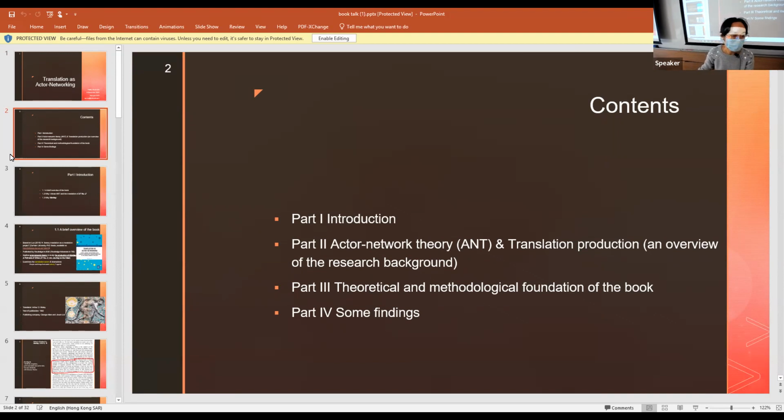In part 2, I will introduce to you actor network theory and its application to translation production research. And the next part is about the theoretical and methodological foundation of my book. And lastly, I will introduce some findings.